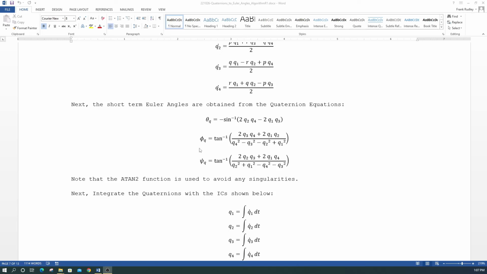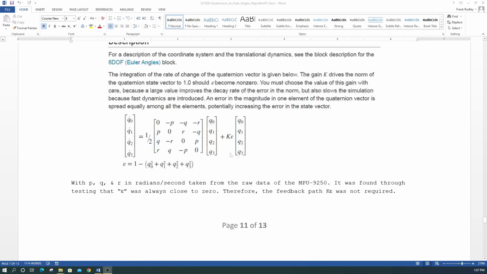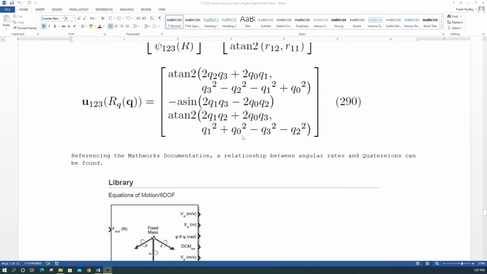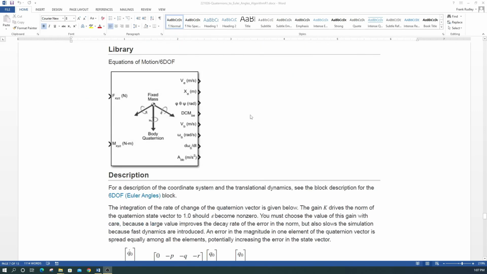And likewise for our bank angle, phi q, the inverse tangent of this will provide phi q, and psi q, which is the azimuth angle, will be the inverse tangent of this equation here. So it's just directly from what I got out of the Diable document over here.